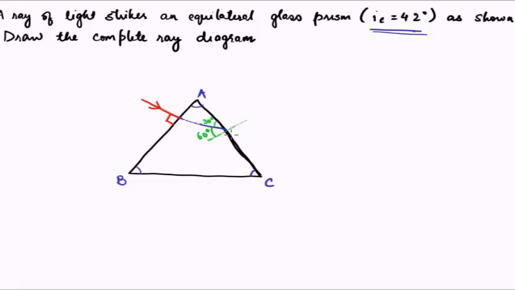And what does reflection mean? Given this is 60 degrees, my angle of reflection has to be 60 degrees. This is 60, therefore this will be 30 degrees. And as a result, it will strike this surface perpendicular.